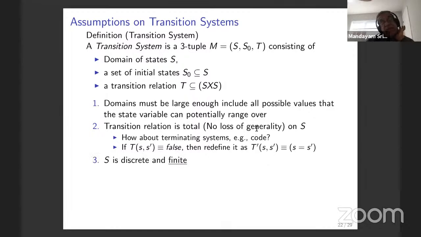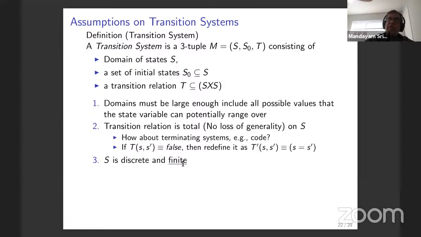The other thing that we'll assume, as I've already indicated, is that the set of states is discrete. And I say finite here, although model checking as a concept doesn't necessarily require that your system be finite.